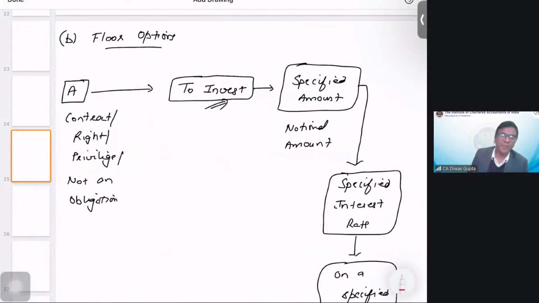Now the floor option is again, everything is similar, subject to the fact that again A is a contract, a right, a privilege which is not an obligation, but here the only change is to invest. The idea here is that the holder wants to take an investing position at a specified amount at a specified interest rate on a specified date. Okay. Yes, Saminathan, you're right.